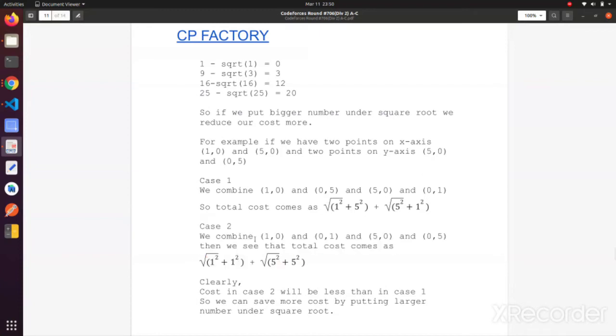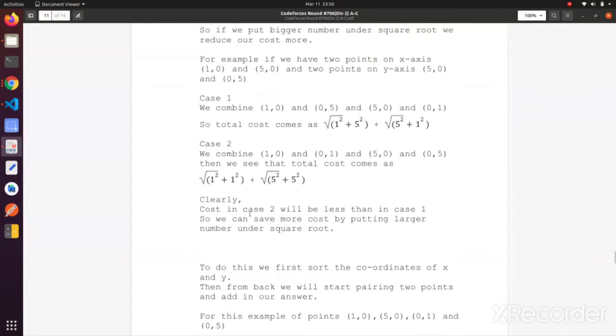In case 2, we combine (1,0) and (0,1), so we get root 2, and we combine (5,0) and (0,5), so we get root 50. So root 50 plus root 2 is definitely much lesser than 2 times root 26. This shows how the cost reduces when we put the maximum number under the root.